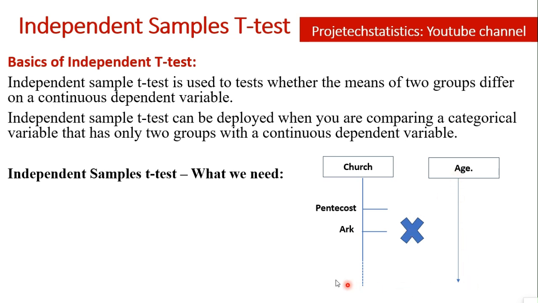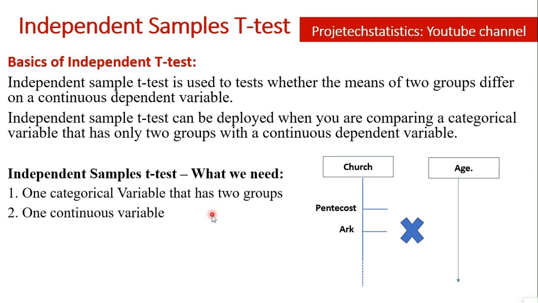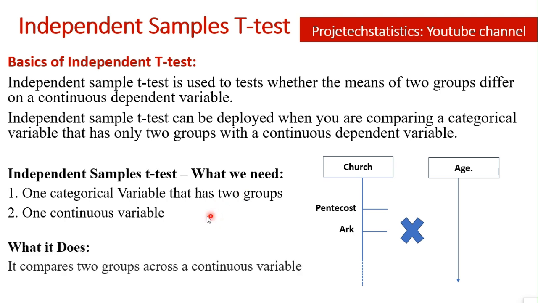So this is the structure of an independent sample t-test, where you have a categorical variable that has only two groups being compared against a continuous variable like age. Independent sample t-test is used to test whether the mean of two groups differ on a continuous dependent variable, and we deploy it whenever we are comparing a categorical variable that has only two groups with a continuous variable.